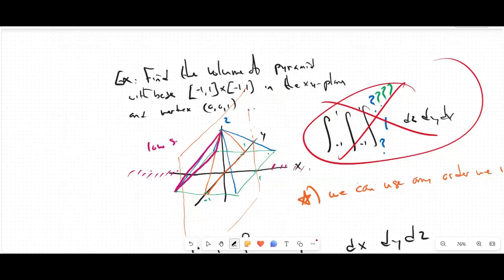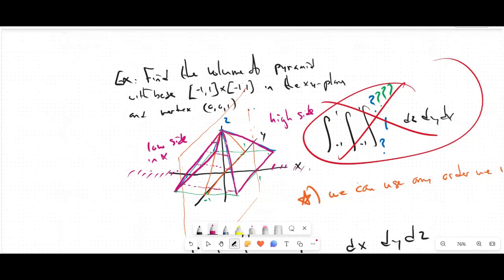This is the low side in x. And then over here, this is the high side. X goes from the low side to the high side. Everybody see that? And that gives you your pyramid.